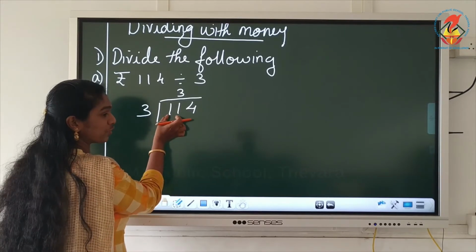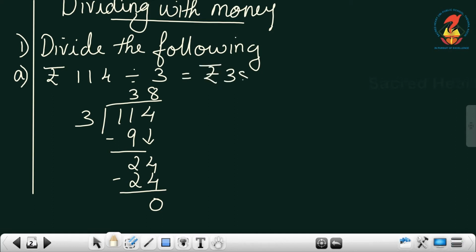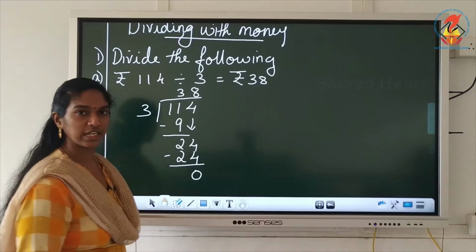What is the last digit that you have taken? 1. The second one. Okay. 3 3s are 9. When you minus 11 minus 9, you get 2. Bring down 4. 3 table, where you get 24? Yes, 8 3s are 24. When you minus, you get 0. So what is the amount? It is rupees 38. The answer is rupees 38.